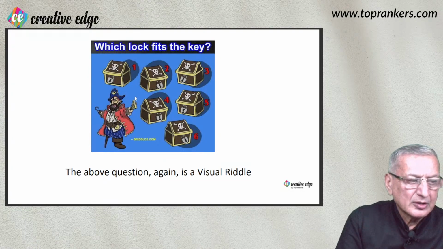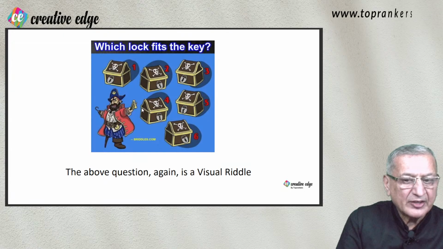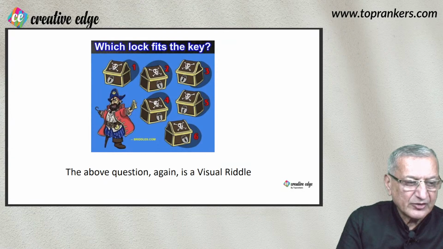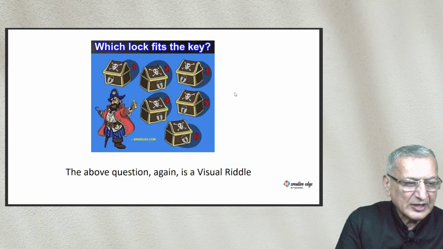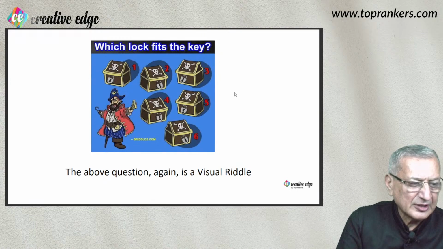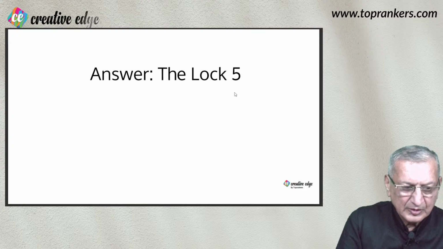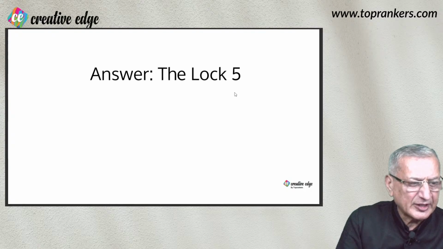Remember here the key is on the left side, and now you look into the lock: 1, 2, 3, 4, 5. You can look into this, turn it to the left for looking into the answer. That's enough of 30 seconds, and we go to the answer. The answer is lock 5. I'll go back to the picture for explaining it.